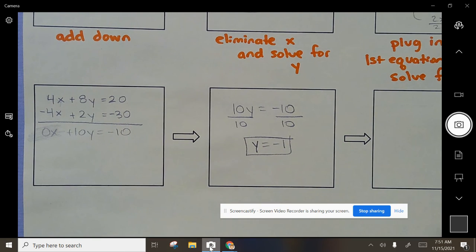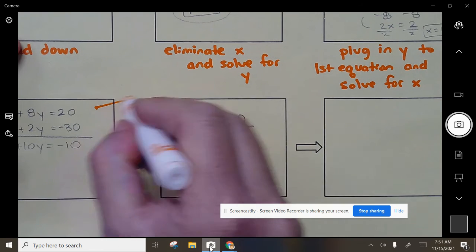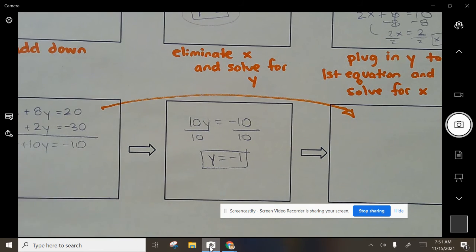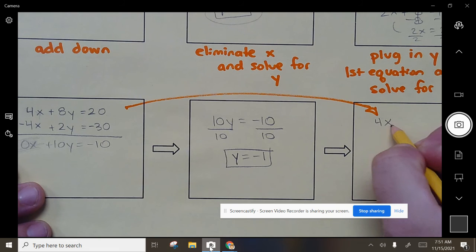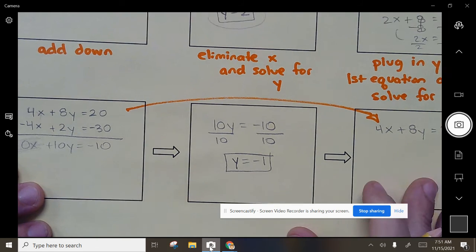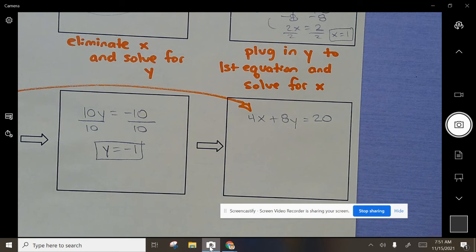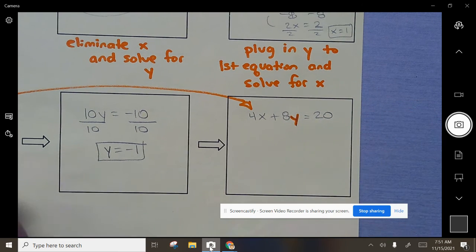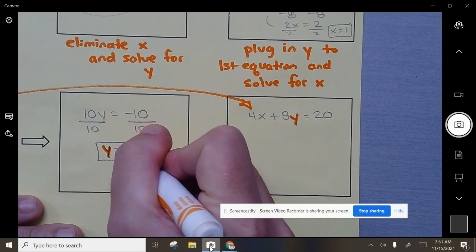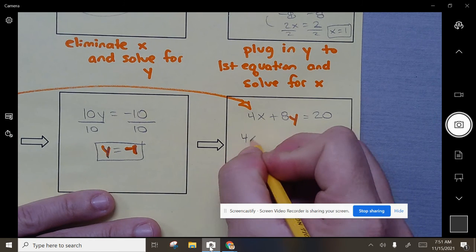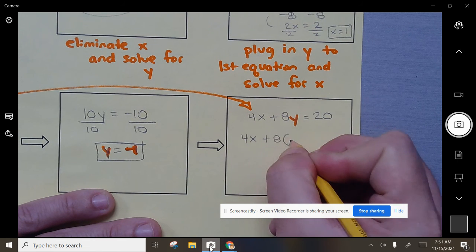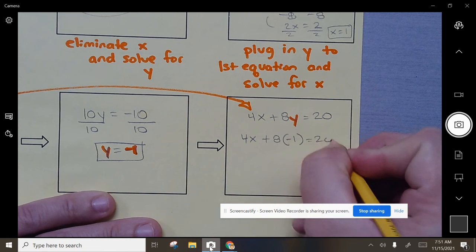Now, like we did before, let's take the first equation and plug it back in. So I'm going to rewrite the first equation, which was what? 4x plus 8y equals 20. All right? And I know what y is now, right? Negative 1. So I'm going to take that negative 1 and I'm going to plug it in. So I'm going to write 4x plus 8 times negative 1 equals 20.